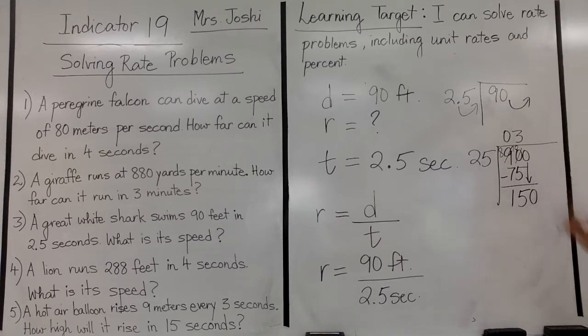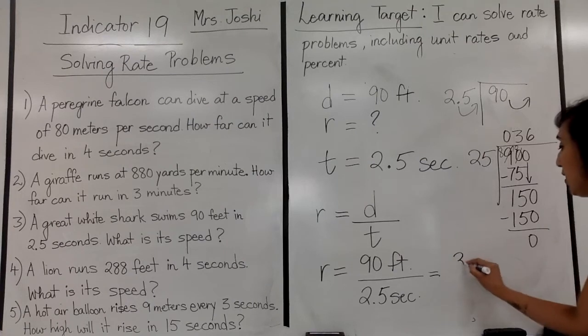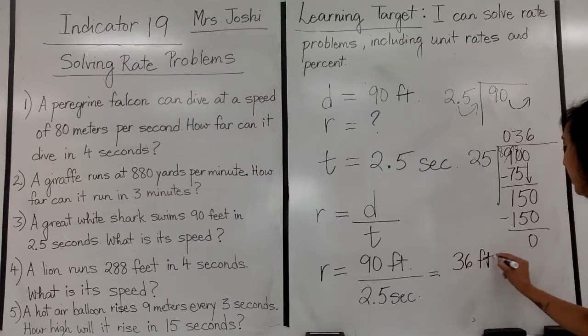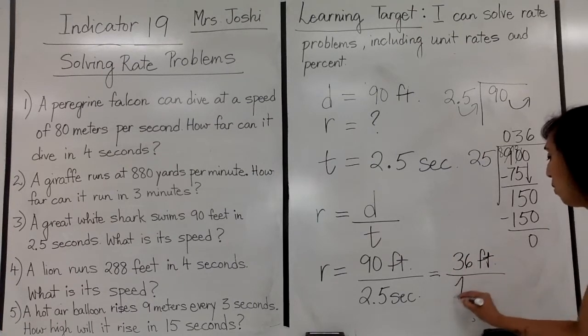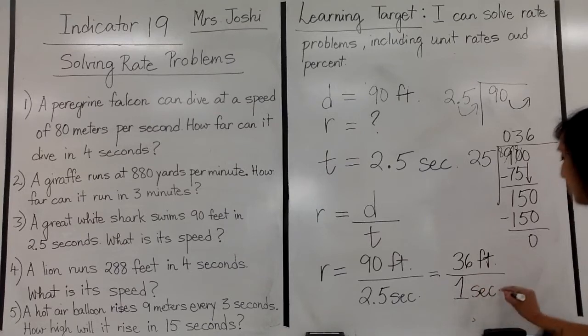I bring the 0 down and I know that 6 times 25 gives me 150. So therefore, my rate of this great white shark is 36 feet in 1 second.